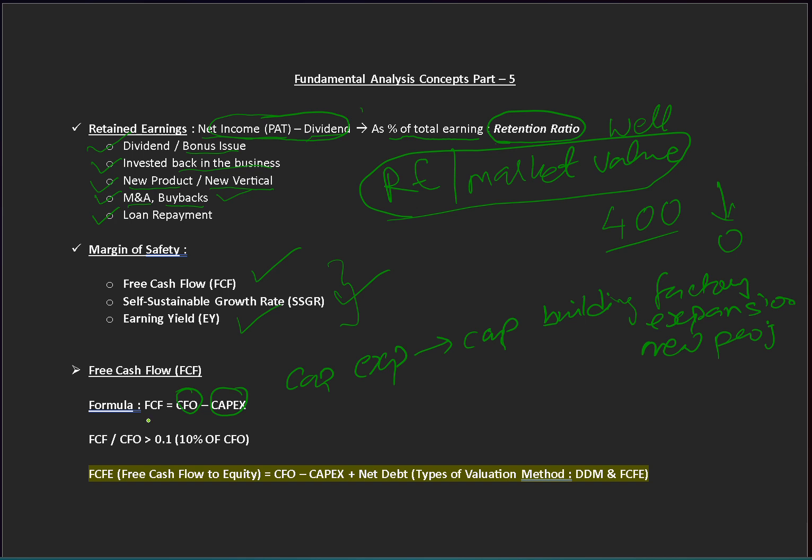So free cash flow is CFO minus capex. Now this free cash flow to CFO ratio should always be greater than 0.1, or you can say 10% of CFO. Free cash flow should be 10% of CFO and above.